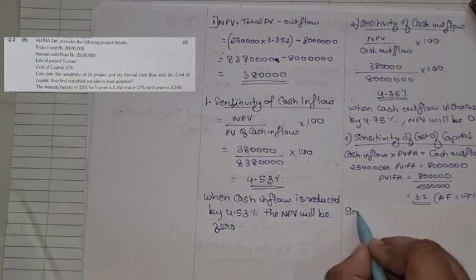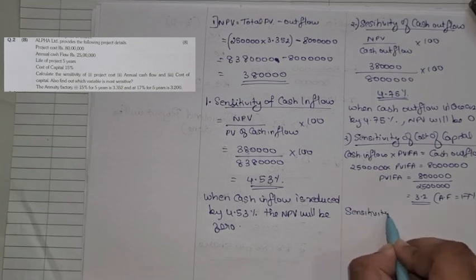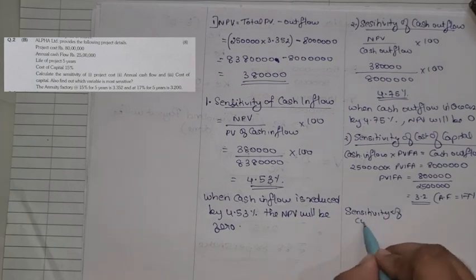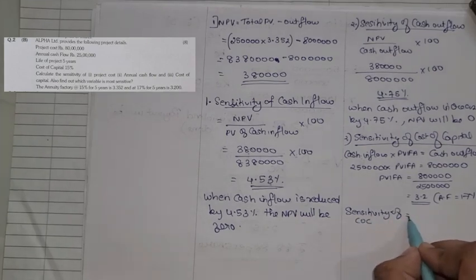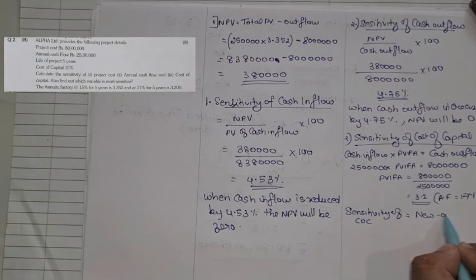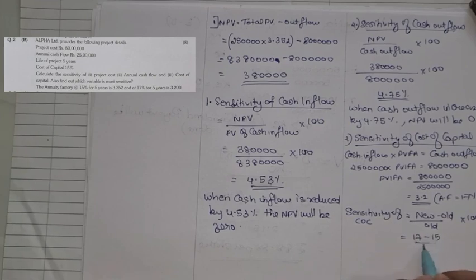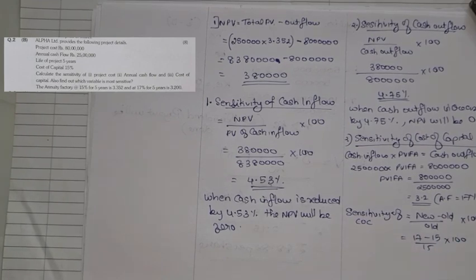So now to calculate the sensitivity of cost of capital, the formula is new minus old upon old into 100. New percent is 17, old was 15, so 2 upon 15 into 100 comes to 13.33%.